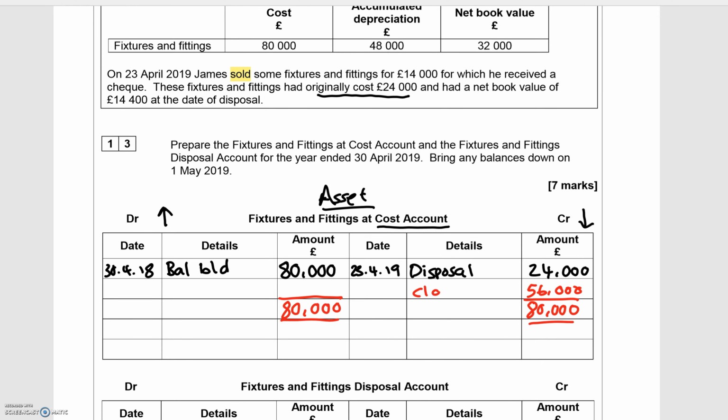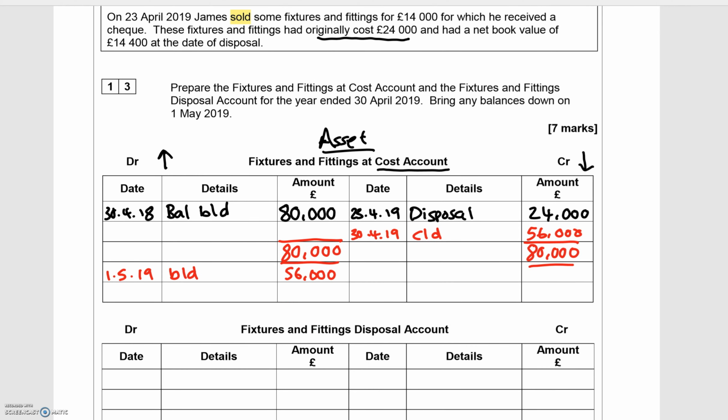This is your balance carried down on the 30th of the 4th 2019, and then on the 1st of May 2019 your balance brought down is £56,000. So this concludes this particular cost account. There's nothing else that needs to be done in this account.